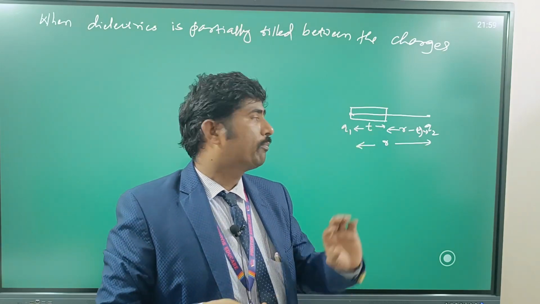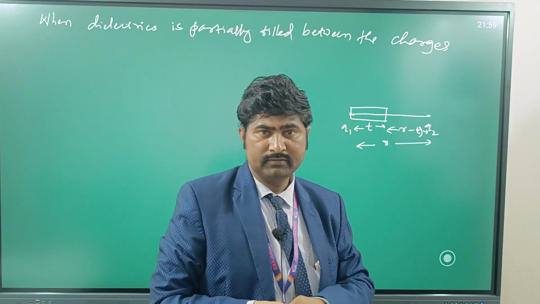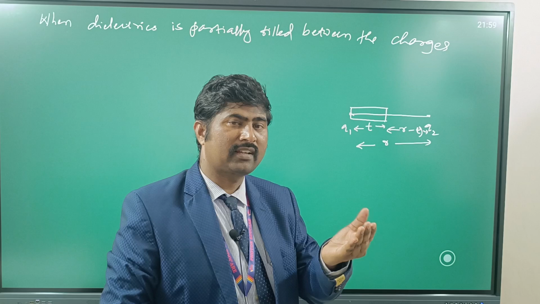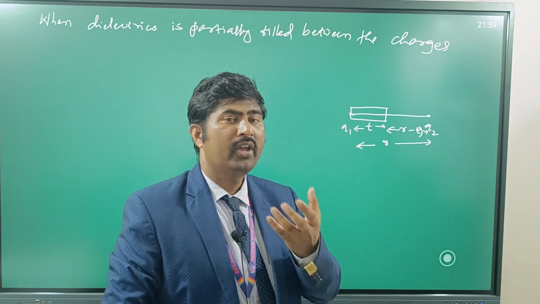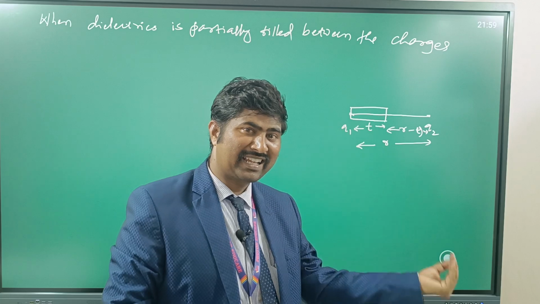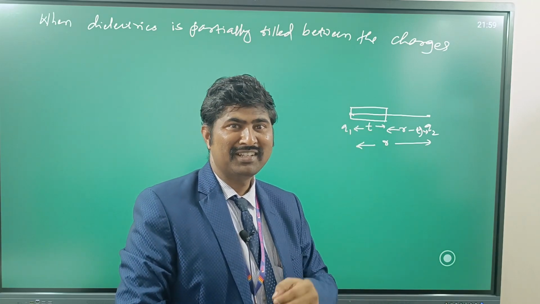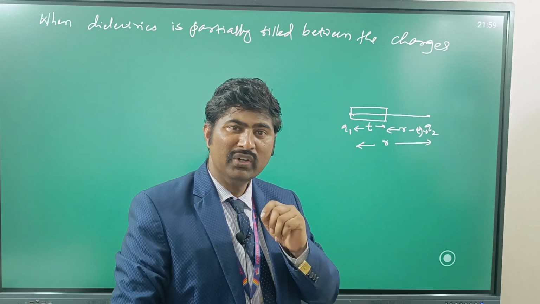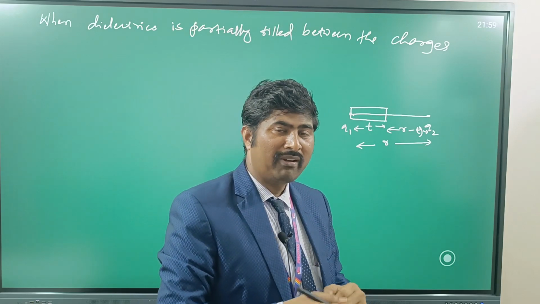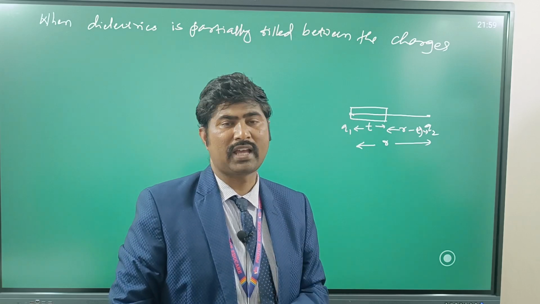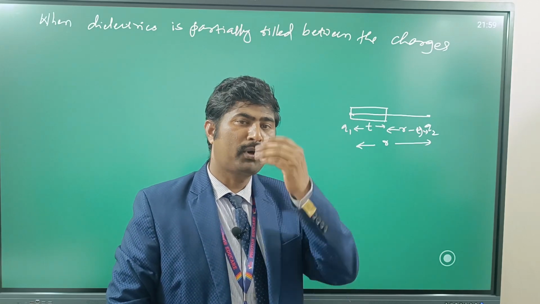Clear? Before adding the dielectric, if you take the two charges, there would definitely be a maximum electric force. As soon as the dielectric is introduced between the two charges, the effective force is going to decrease. Now to decrease the force of attraction between the two charges, there are two important methods.